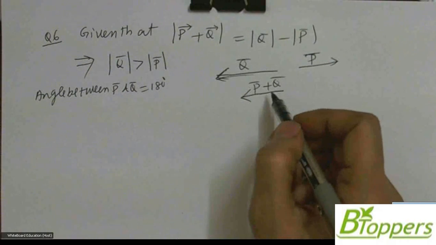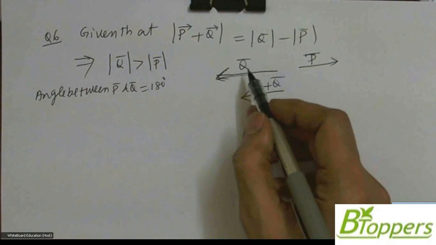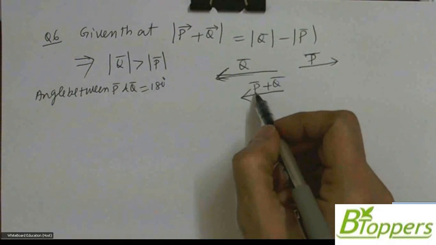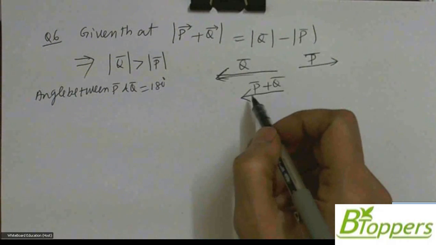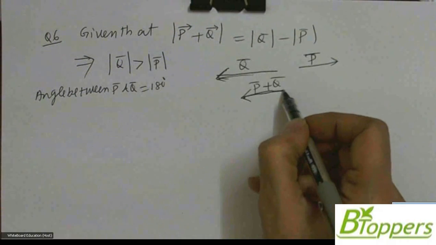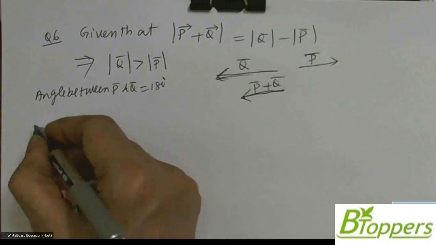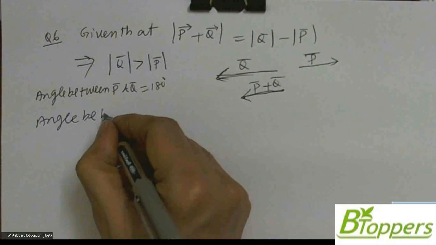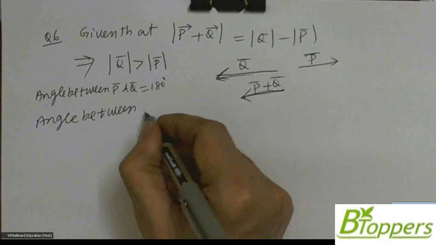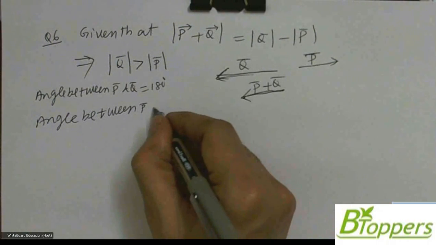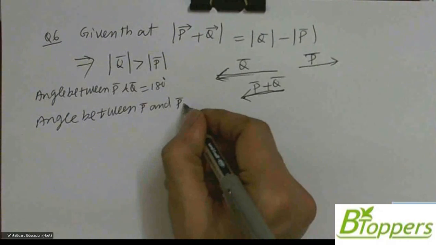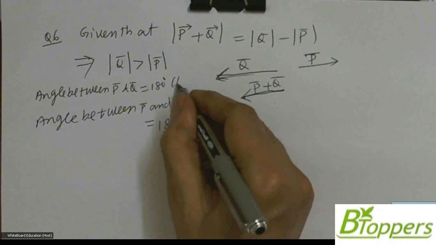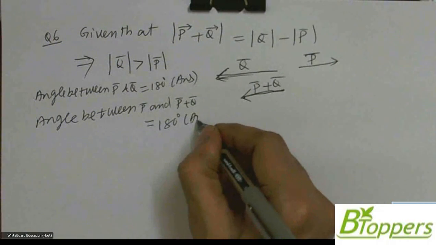Therefore, the angle between Q bar and the resultant is 0. But the resultant acts opposite to P bar. Therefore, the angle between P bar and the resultant of P bar and Q bar is also 180 degrees.